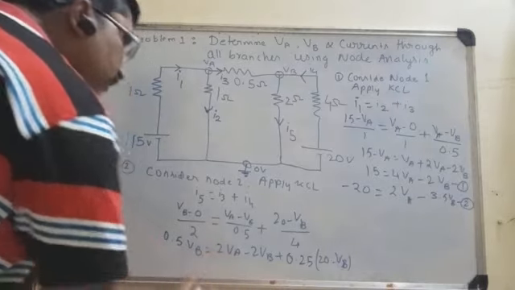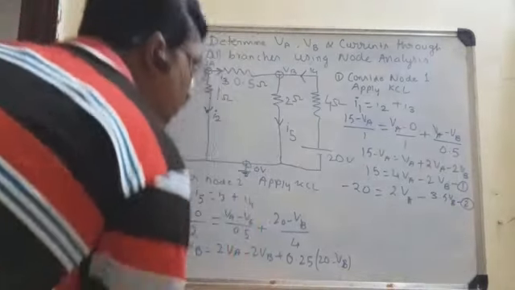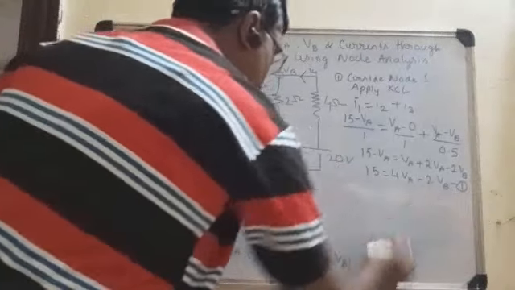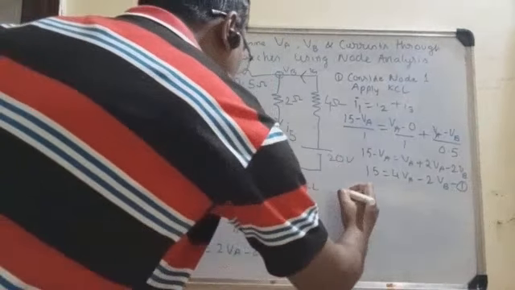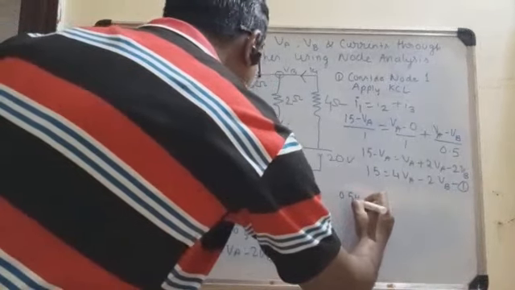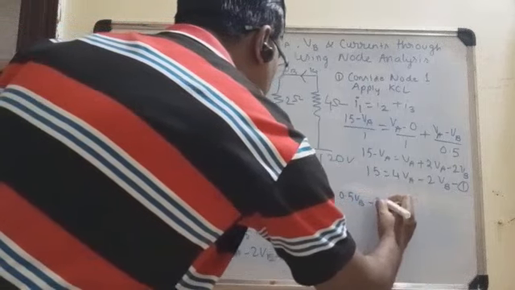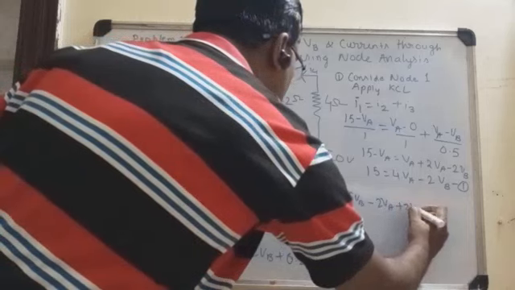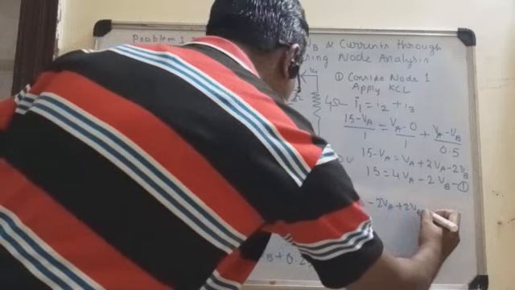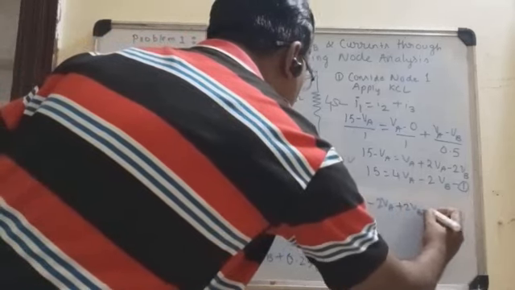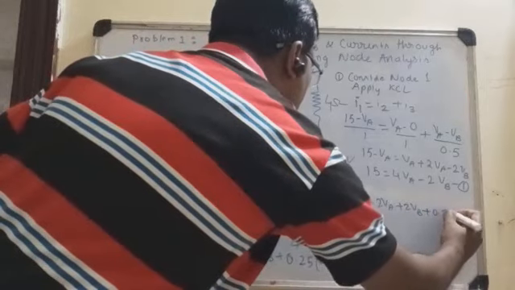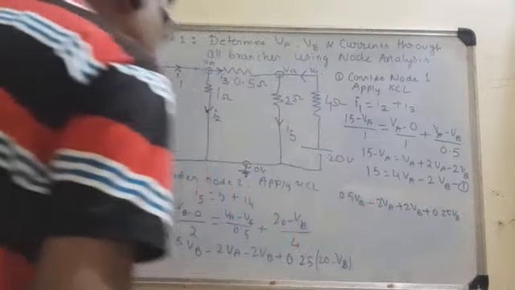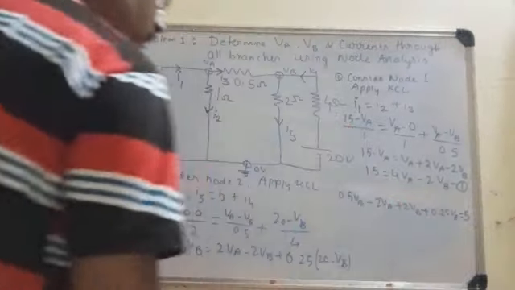So this can be solved. 0.5 VB minus 2 VA becomes 2 VB, plus 0.25 VB is equal to 20 into 0.25, which is 5.